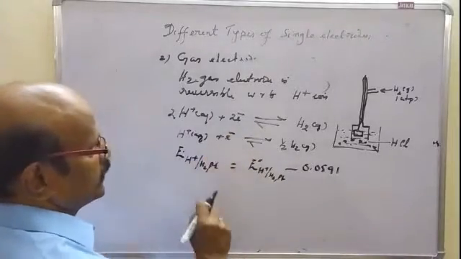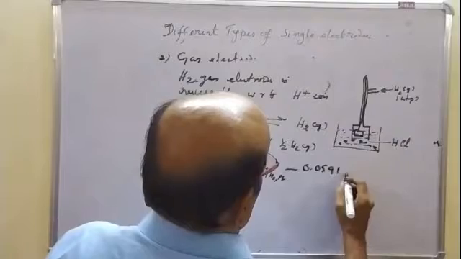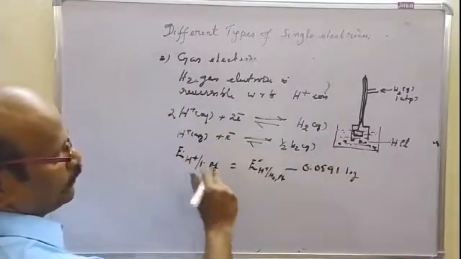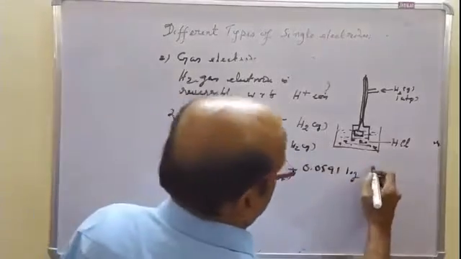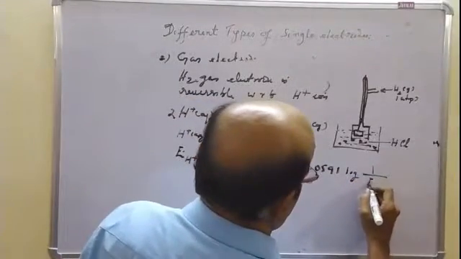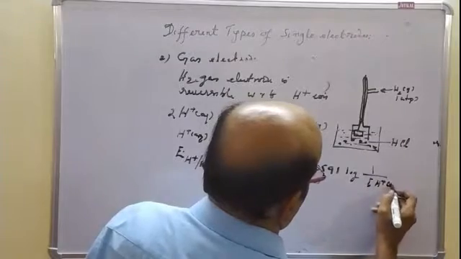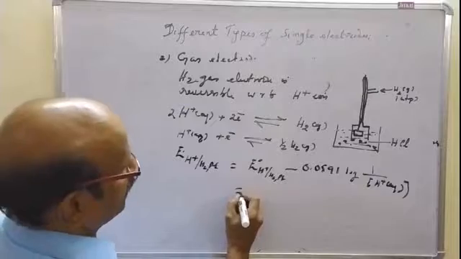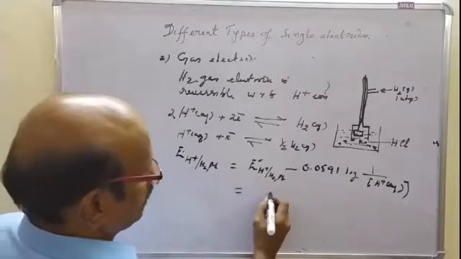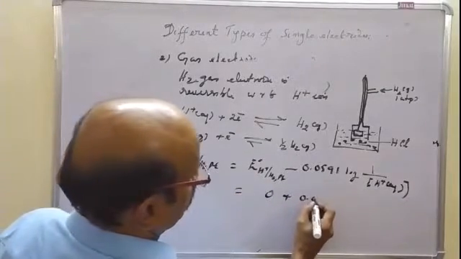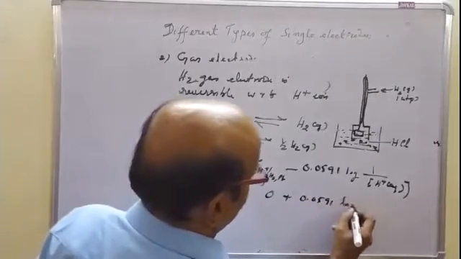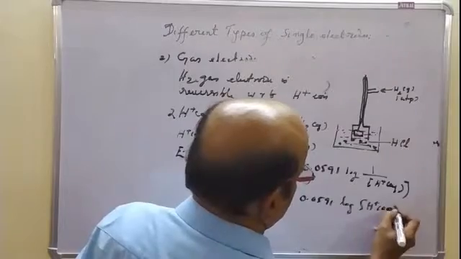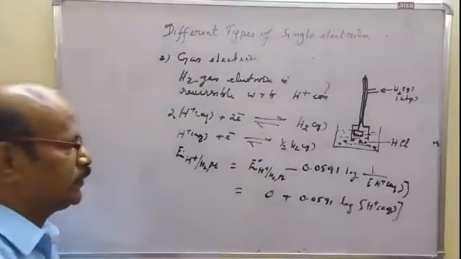Taking this equation with n as 1, log of half H2 by H plus aqua, where half H2 is 1, so 1 by H plus aqua. So E0 is 0, plus 0.0591 log H plus aqua. This is the electrode potential for a hydrogen gas electrode.